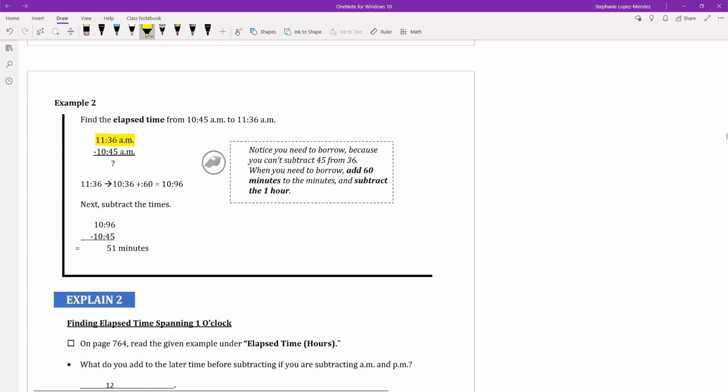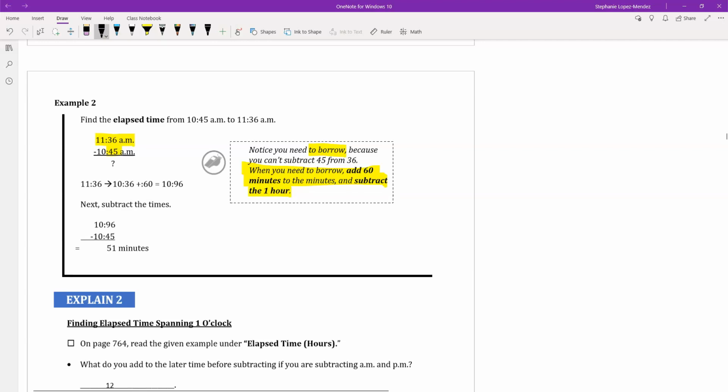Now what happens is I cannot subtract 45 from 36, right? So this is where I add another step. It says here, notice you need to borrow because you can't subtract 45 from 36. So when you need to borrow, we add 60 minutes to the minutes and then we subtract the 1 hour.